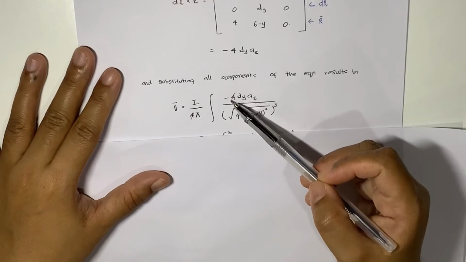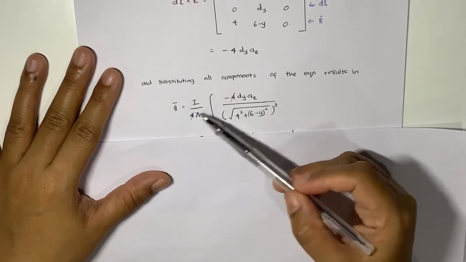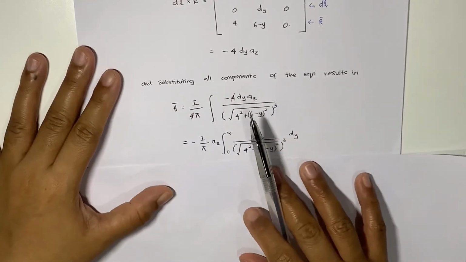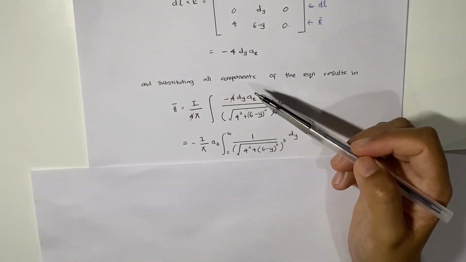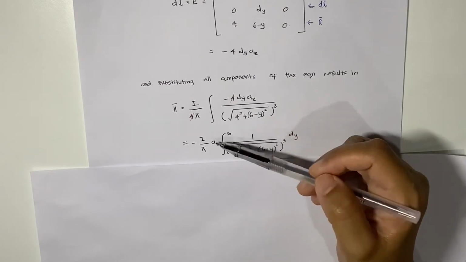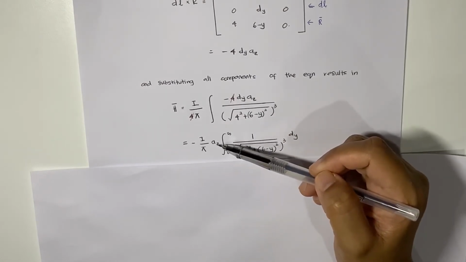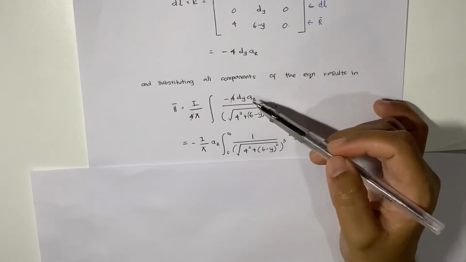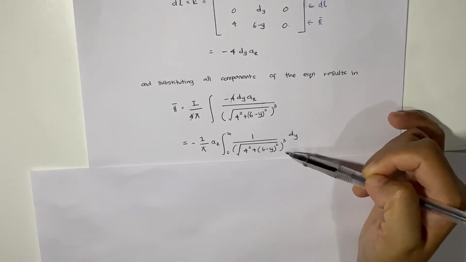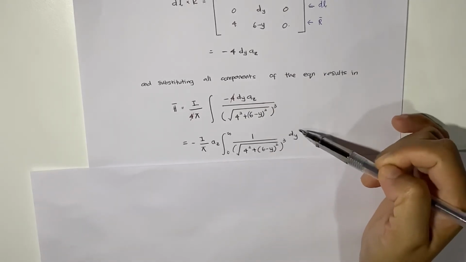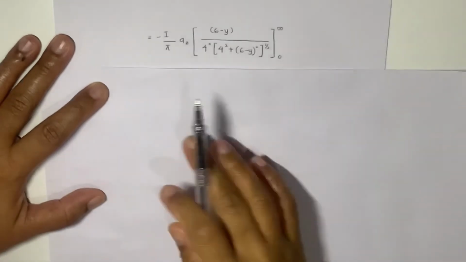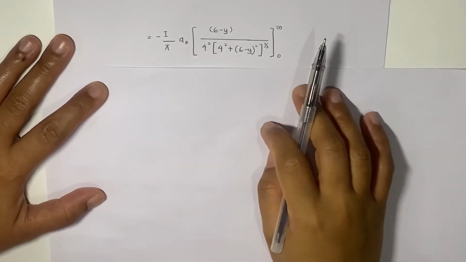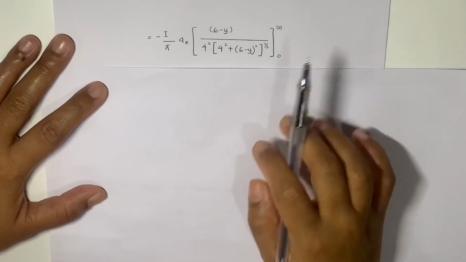Then I just remove the 4 and bring az in front because az is just the direction. This integration is with respect to dy. After we do the integration, we will get a new answer.